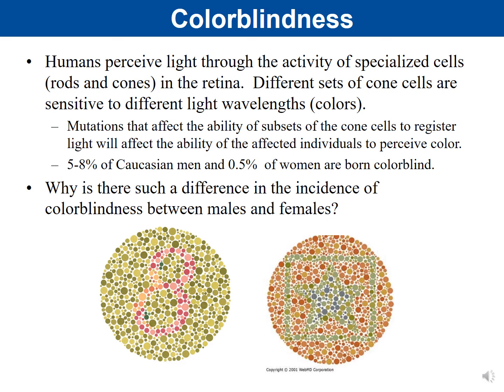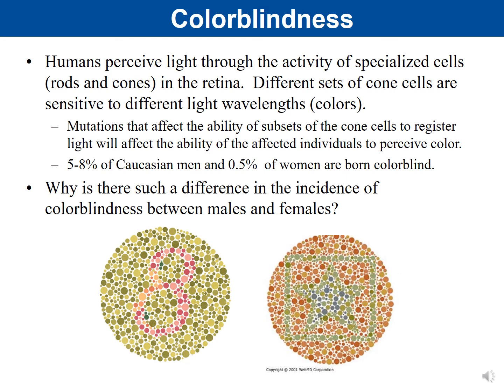So think of cones, colors. Mutations that affect the ability of subsets of cone cells to register light will affect the ability of the affected individuals to perceive color. Meaning if they have mutations in particular cone cells, it's going to influence the way that they perceive colors.